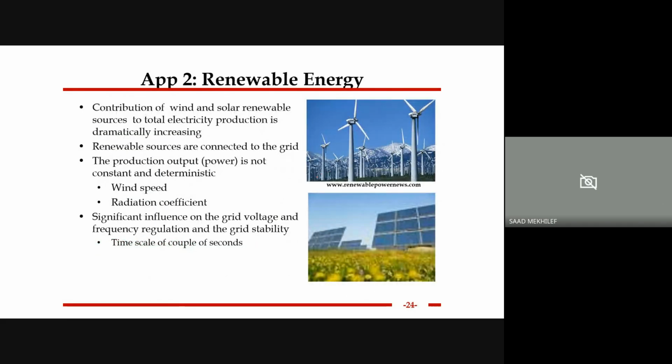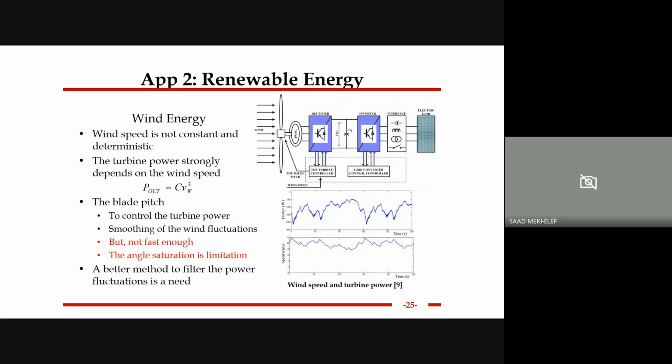Maybe we take another example for renewables. One of the common examples is wind energy systems in microgrids. As we know, the wind power changes depending on the wind speed. If you have a wind turbine, this is the power profile.